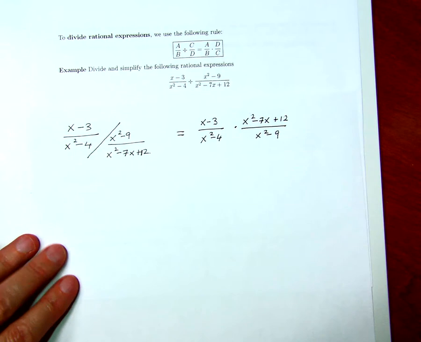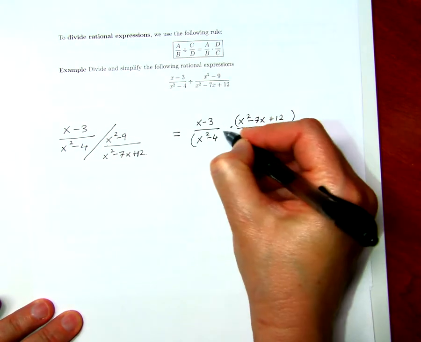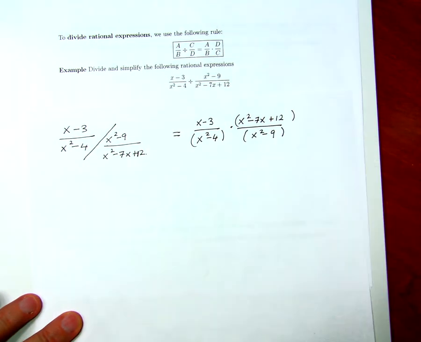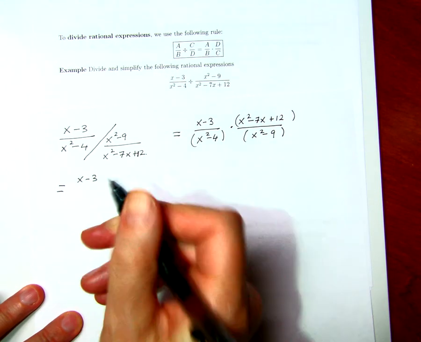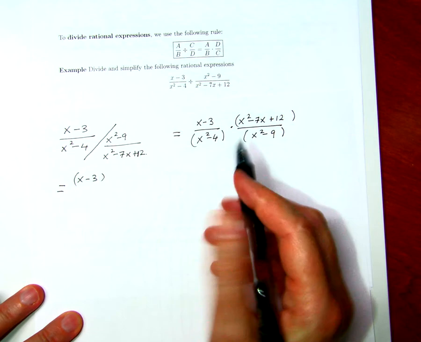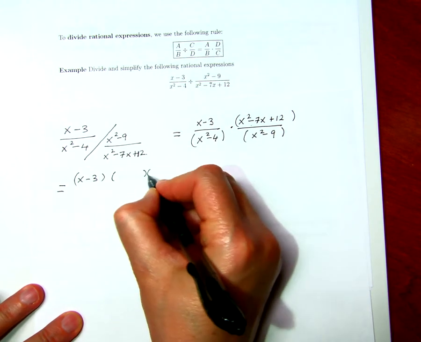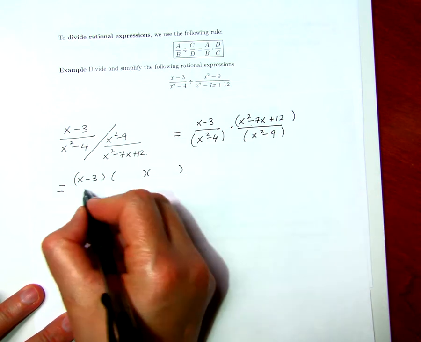And now, as I mentioned before, the way to go is to factor everything in sight and see if we can cancel anything. So we have x minus 3, and of course I multiply the numerators here, and I'm going to try to find the factors of x squared minus 7x plus 12.